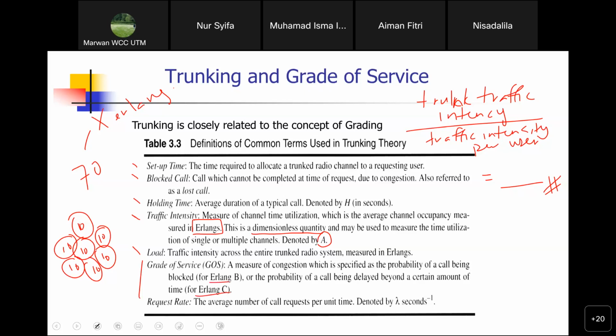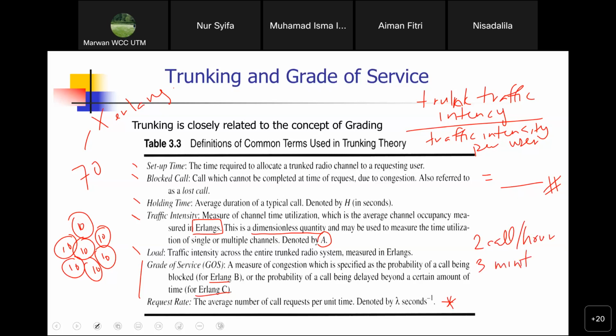Finally, we have what we call the request rate. For example, in one area, every time a user makes a phone call, on average they hold the physical layer for around 3 minutes. Within one hour, the user will make about 2 calls per hour, and every call is about 3 minutes.